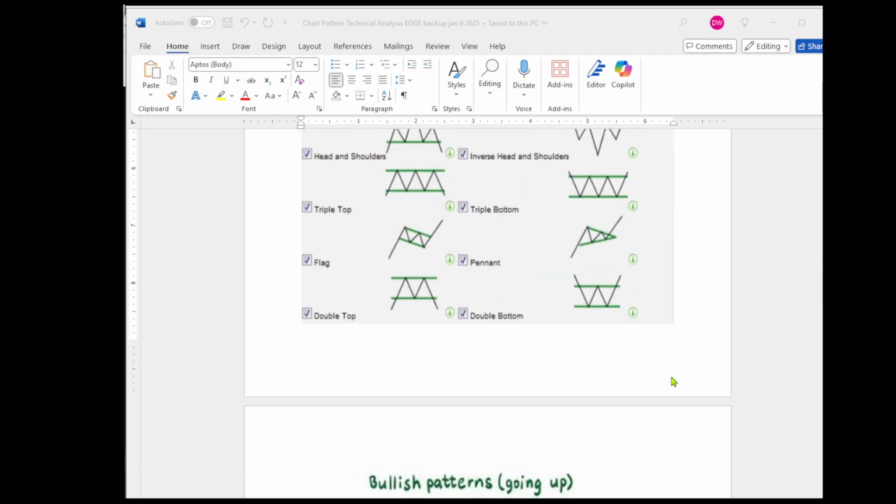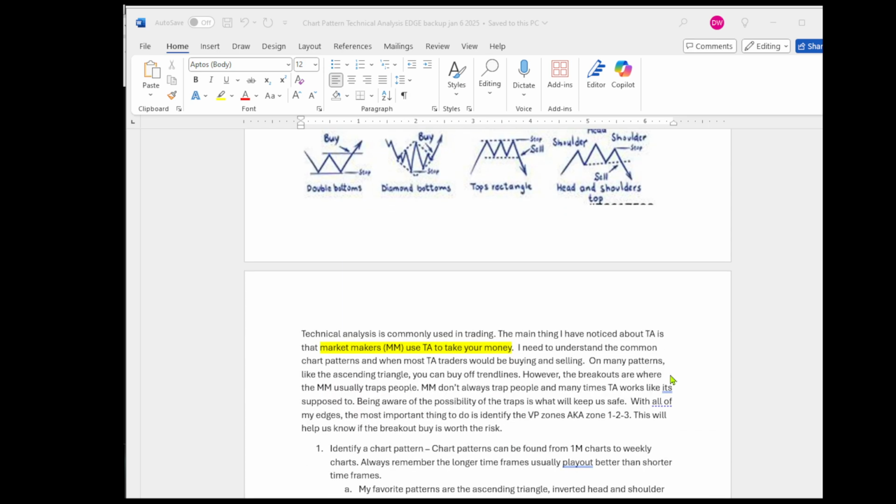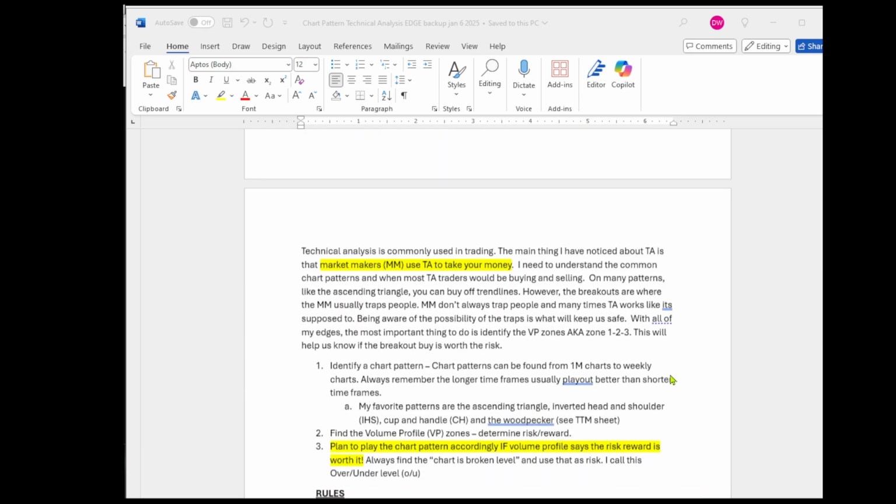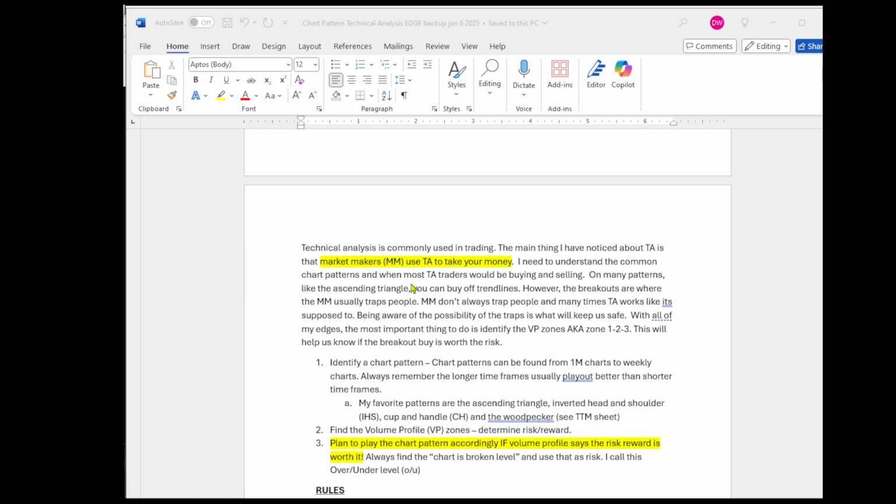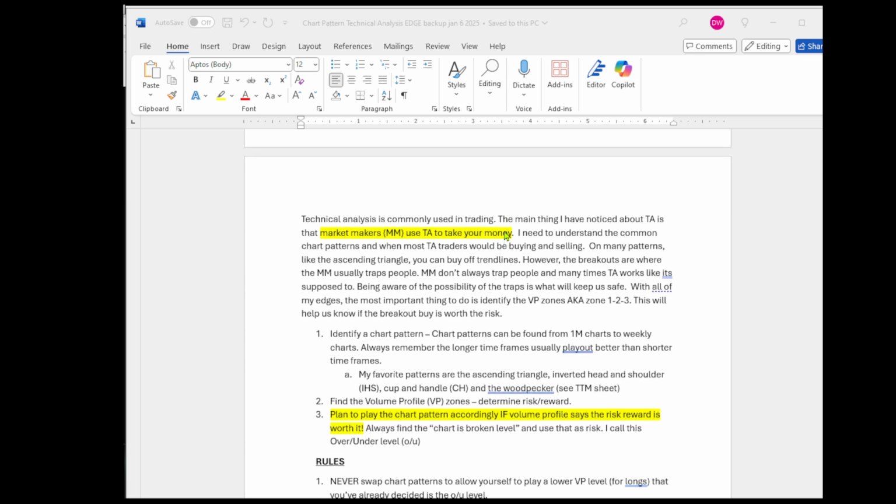Well, what it means to me, and the first thing that I wanted everybody to understand right here, the main thing I've noticed about technical analysis is that the market makers use it to take your money. Okay? So that's what I call liquidity chases. Remember, we went over that this morning. Liquidity chases, they will break to highs, break to lows to try and take your money.